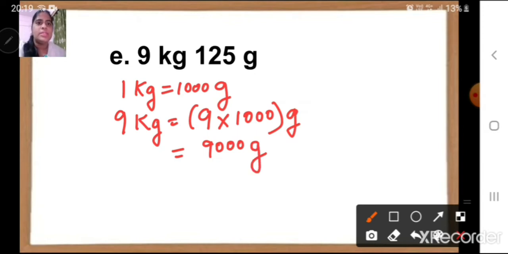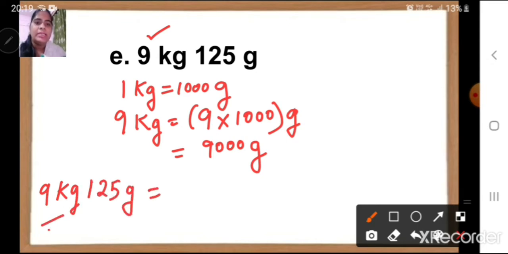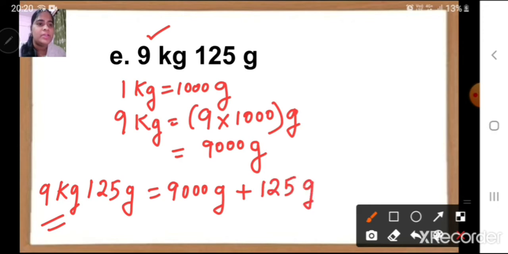Now we have converted 9 kg, right? So next step is we will write the question and then we are going to replace 9 kg by 9000 grams which we have got. So 9 kg is equal to 9000 grams. And what is remaining here? 125 grams that we will add, plus 125 grams.